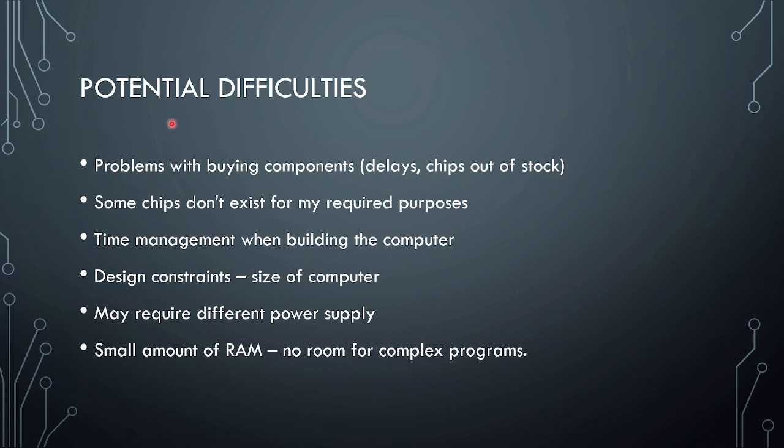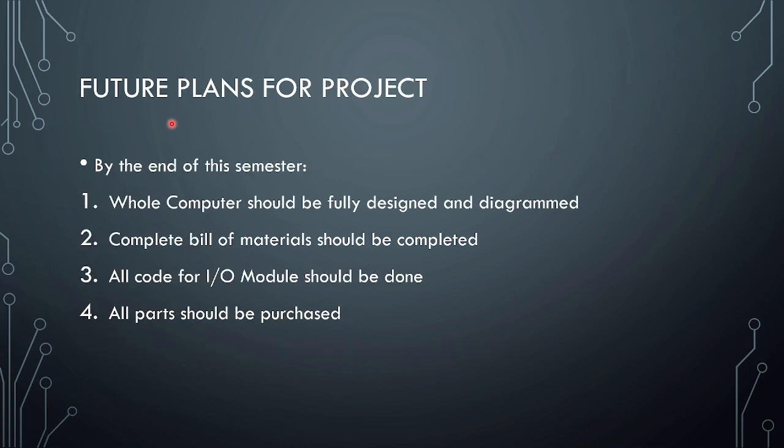The size of the computer when I actually build it has to be not ridiculous, so I can bring it for demonstrations once it is physically built. And if too much current is drawn from the computer, I will need to use a bigger power supply. And with the small amount of RAM that we use, programs can only be so complex.